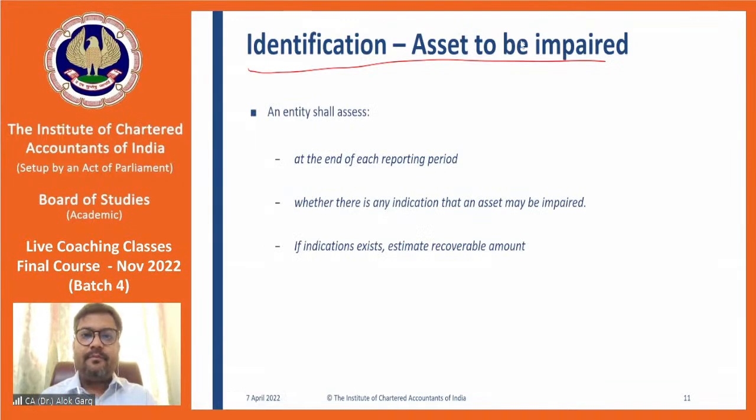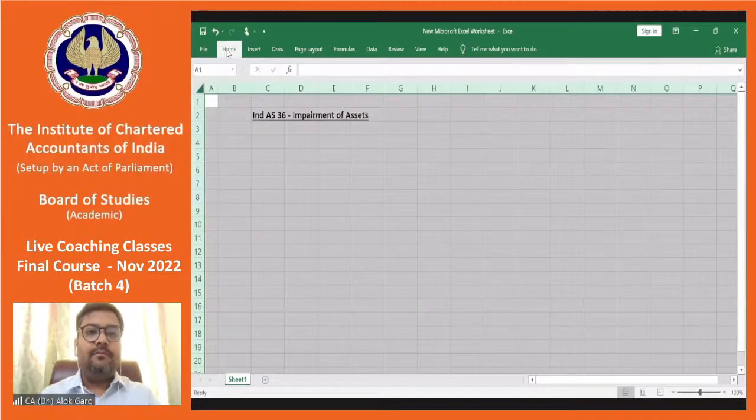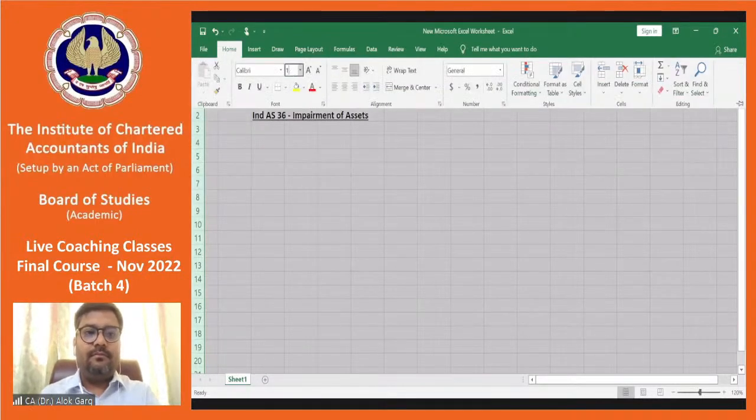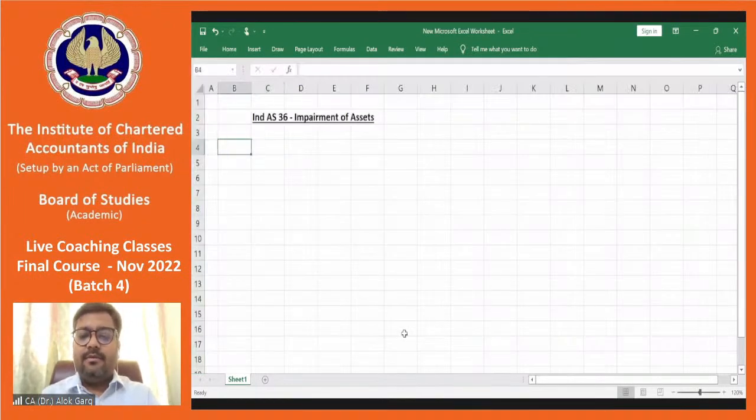Okay, so I'm sharing my Excel file, and let me know if this Excel file is visible, friends. Right, so we have talked about the objective, we have talked about the scope part.